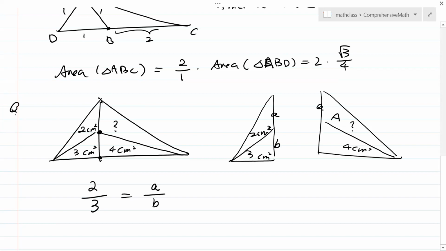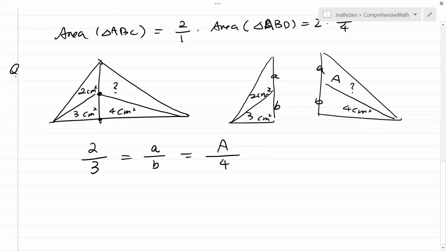But this is also A, that's also B, so that's going to be A over 4. Then A is going to be 2 over 3 times 4, which is 8 over 3 square centimeters.